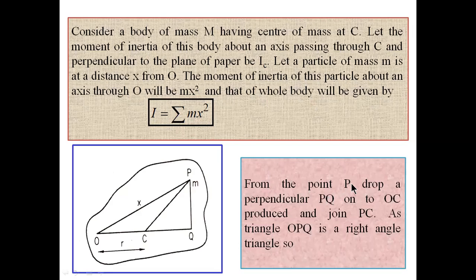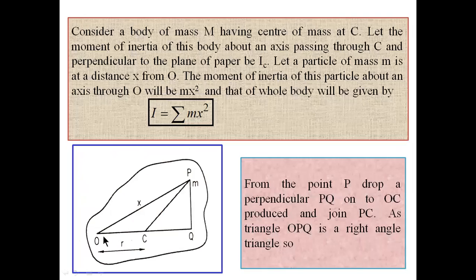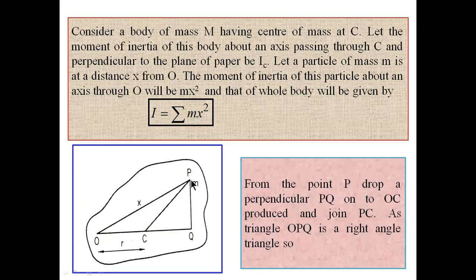Now from the point P, drop a perpendicular PQ onto OC produced and join PC. As triangle OPQ is a right angle triangle, we can write OP square equal to OQ square plus QP square.